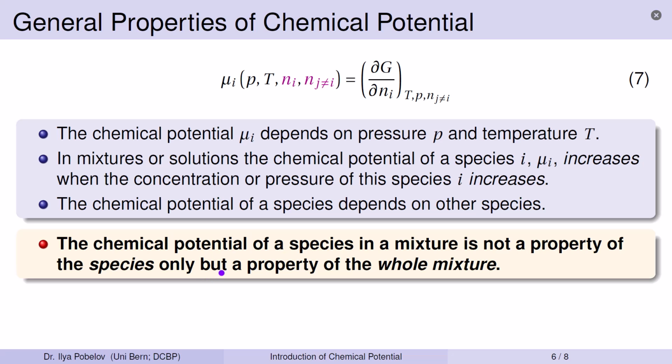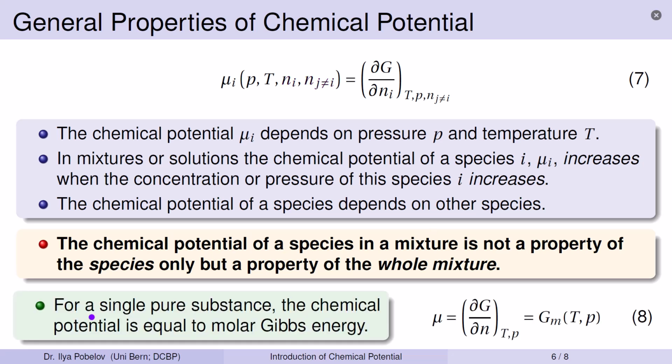The chemical potential of a species in a mixture is not a property of the species only, but a property of the whole mixture. However, it is not always that complicated. If the system consists of a single pure substance at constant temperature and pressure, the chemical potential of the substance is equal to its molar Gibbs energy.